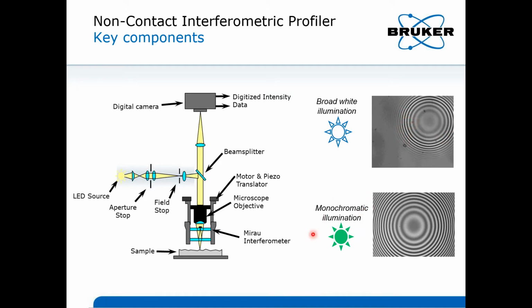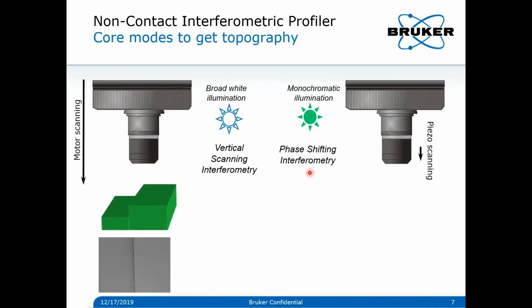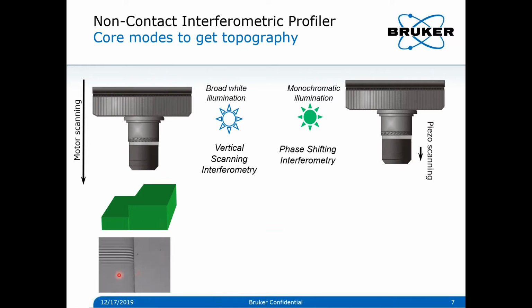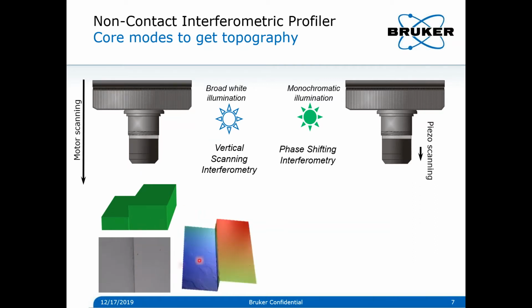Instead, if we use monochromatic illumination, in our case green light, we spread the moire all across the ball and create a nice moire all the way over the surface. From those illuminations, we get two core modes. The first consists of a motorized vertical scan while recording intensity at the different Z levels automatically, and rebuilding the topography by locating the focus plane.